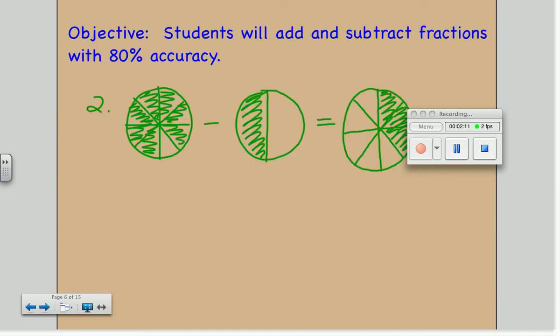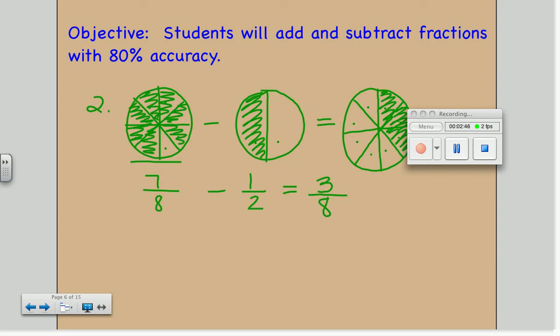The next one. Now we have a subtraction problem. So what does this one represent? How many are shaded? 1, 2, 3, 4, 5, 6, 7. Out of how many total? 8. Minus 1 is shaded out of 2 total. Equals 3 are shaded out of 8 total.